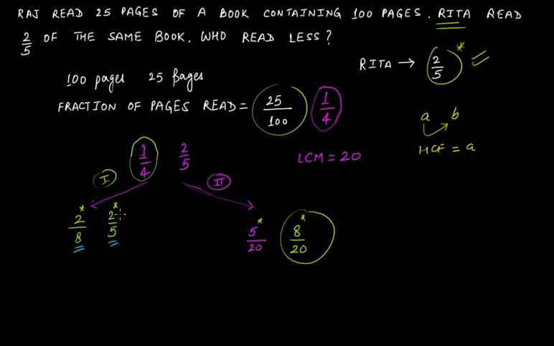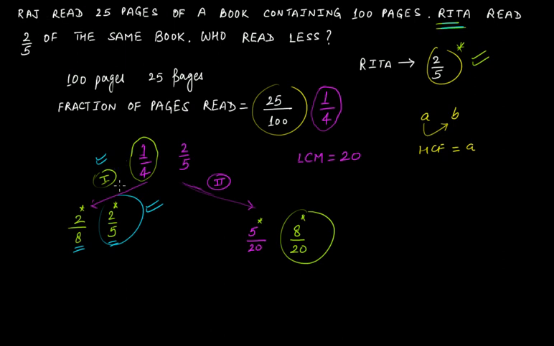Since this particular fraction has the smallest denominator out of these two, this fraction is actually greater than this fraction. So by this way also you can see that Rita read more pages, as she has the larger fraction in comparison to Raj's fraction.